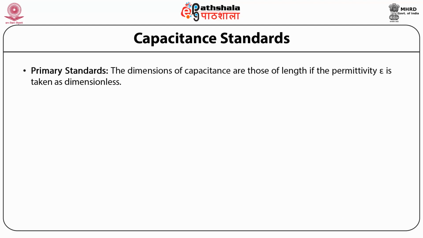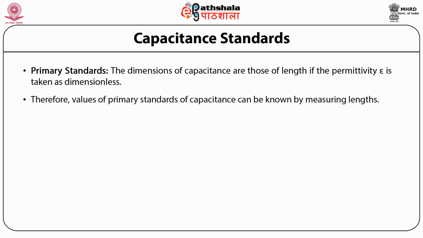Primary standards. The dimensions of capacitance are those of length if the permittivity epsilon is taken as dimensionless. Therefore, values of primary standards of capacitance can be known by measuring lengths.